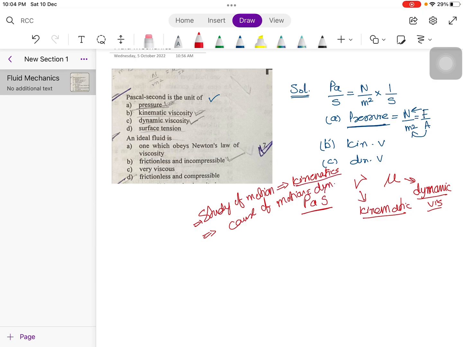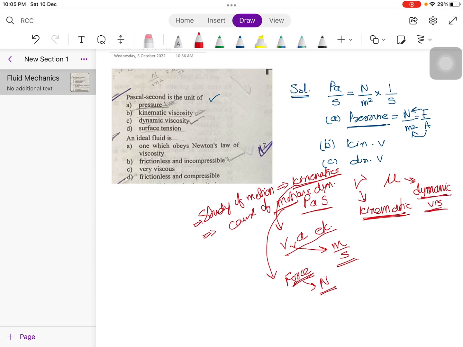Kinematics involves study of velocity, acceleration, etc. And the cause of motion is the force. We know that the unit of velocity is meter per second and the unit of force is Newton. So this hint will help us to differentiate between the kinematic viscosity and the dynamic viscosity.